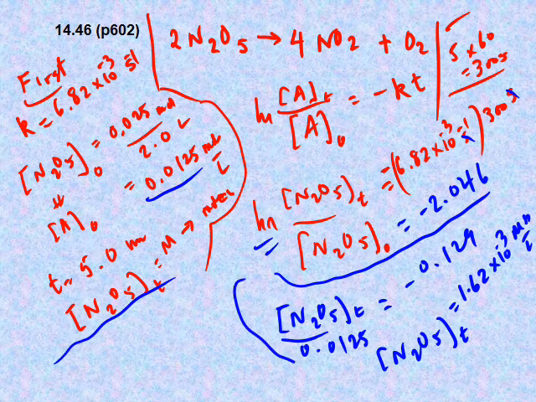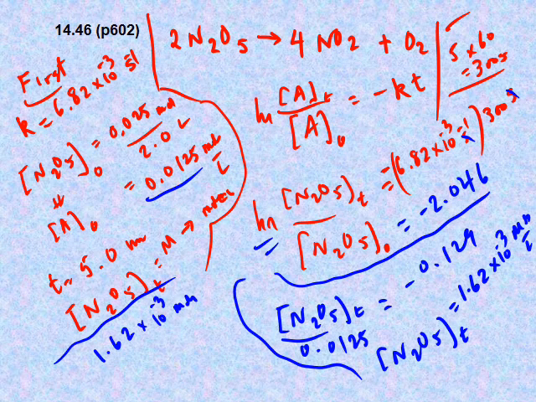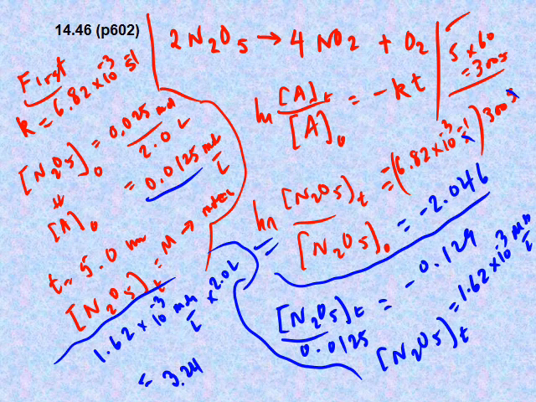So in order to get our final answer, we use N2O5 final: 1.62 times 10 to the negative 3 moles per liter times 2.0 liter, and that gives me 3.24 times 10 to the negative 3 moles.